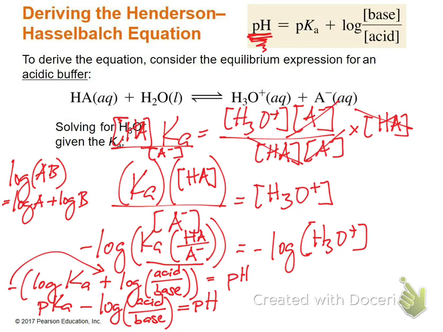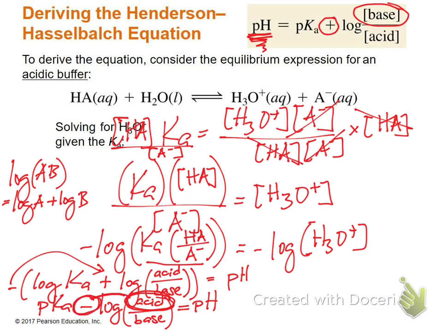So notice that in this derivation here, the acid is in the numerator. But in the other Henderson-Hasselbalch equation, the base is up top. So you just want to make sure that if you have the base in the numerator, then this is a positive sign. But if you have the acid in the numerator, then you use a negative sign.